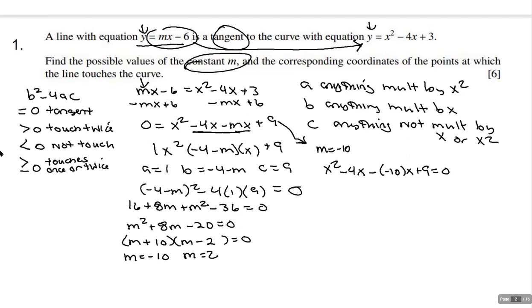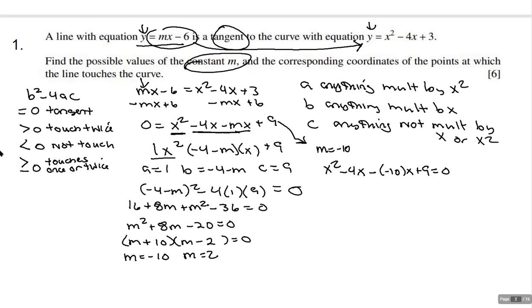So what I've got here is x squared, and then negative 4x minus, and then m is negative 10x, plus 9. And see, now all I got to do is solve this.